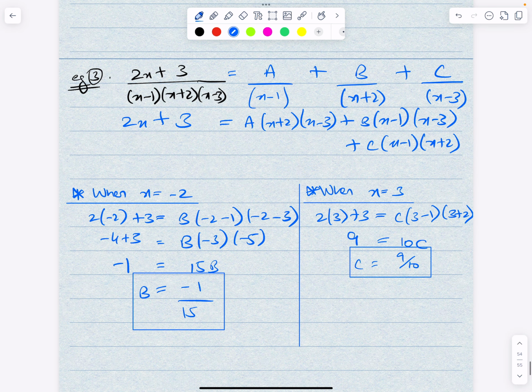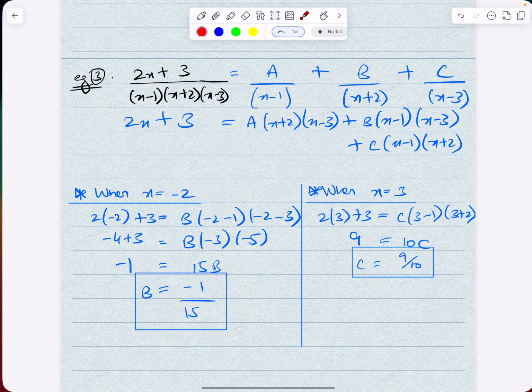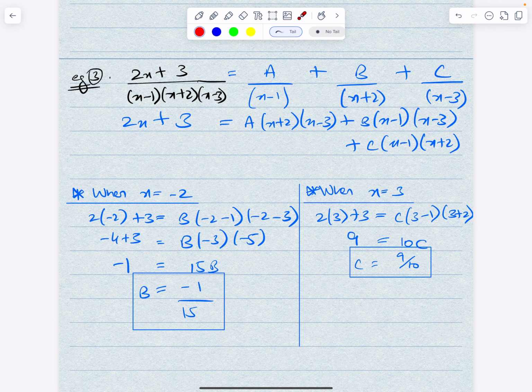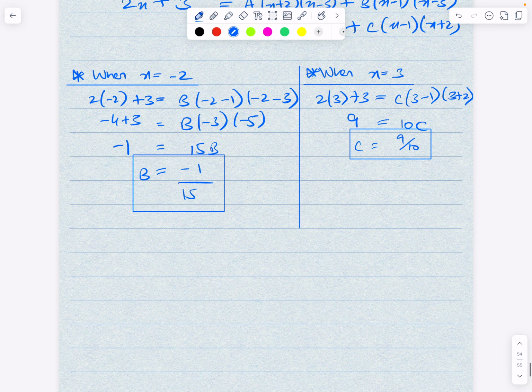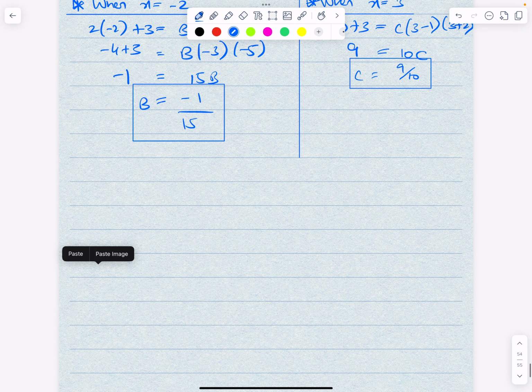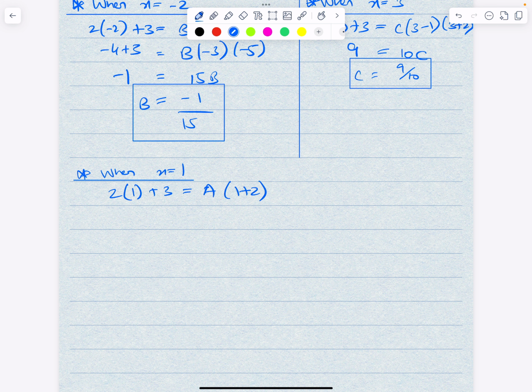And then I'll be left to find A. So for A, what have we not substituted? So I'll substitute x as 1. So when x is equal to 1, I have 2 into 1 plus 3 is equal to A(1 + 2)(1 - 3).